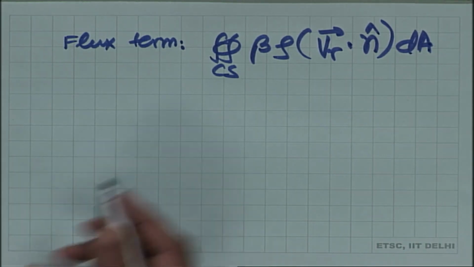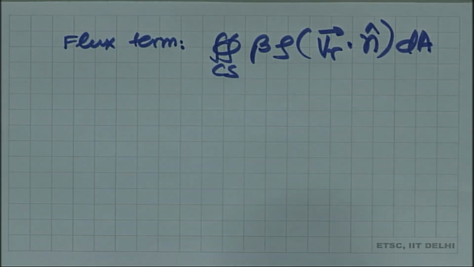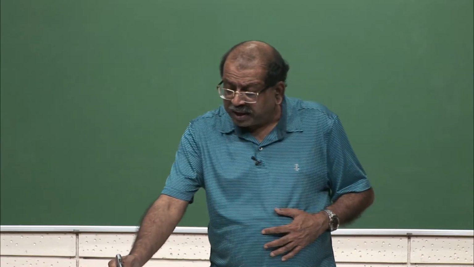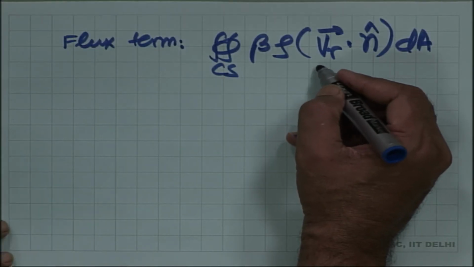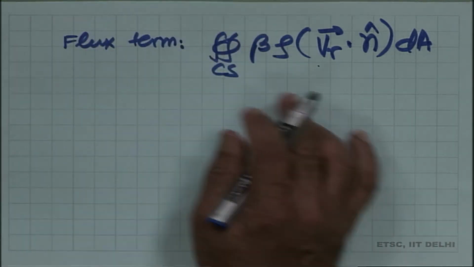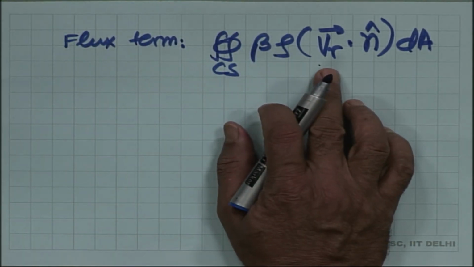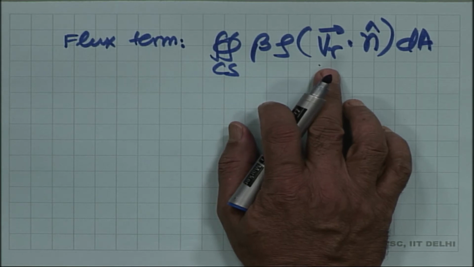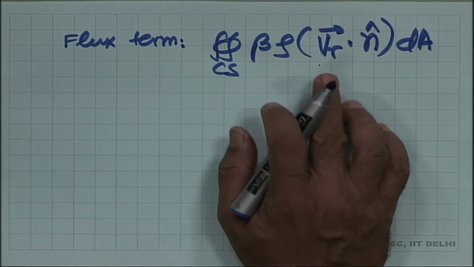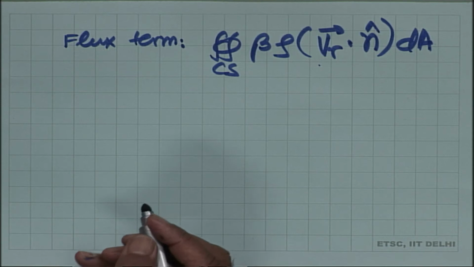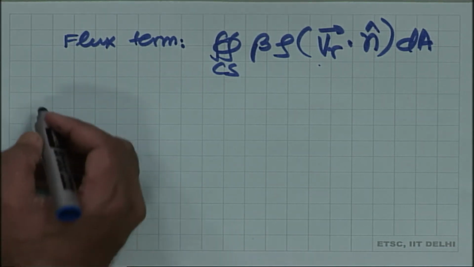So, this is the change which will come in case of a deforming control volume, but in most cases we will not have deforming control volume, we will only have fixed control volume. So, I just thought I will also do the deforming control volume. If you have deforming, then the only change which comes is in the surface term, instead of V you will get V r, and obviously if V s is equal to 0, V r is nothing but V.